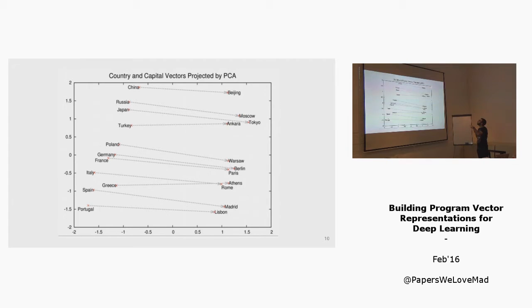More examples. This is principal component analysis. It's just a technique to move multidimensional vectors into a two-dimensional representation, a way to show things in a two-dimensional space that we as humans can intuitively relate to. Here you have countries and capitals, and the distance between countries and capitals is more or less consistent in this representation.